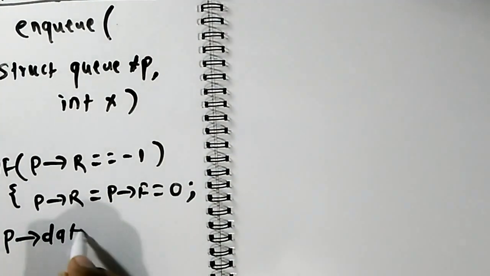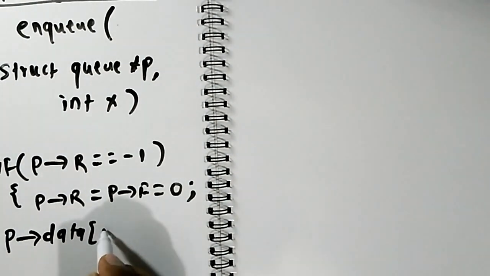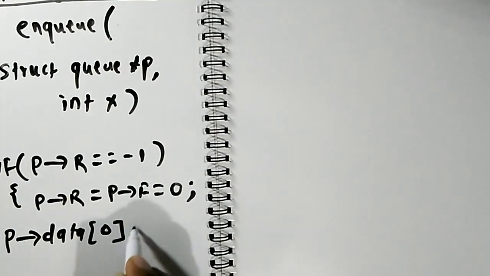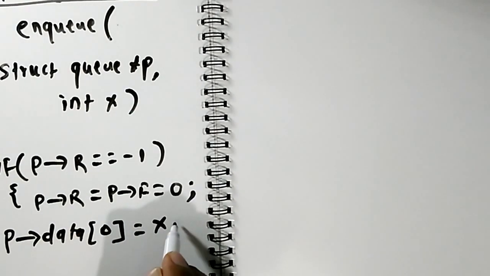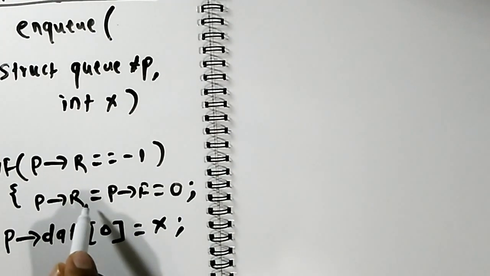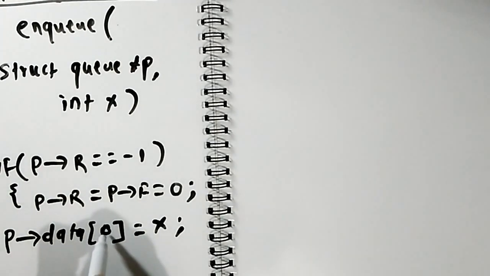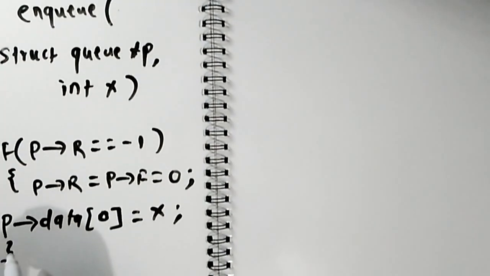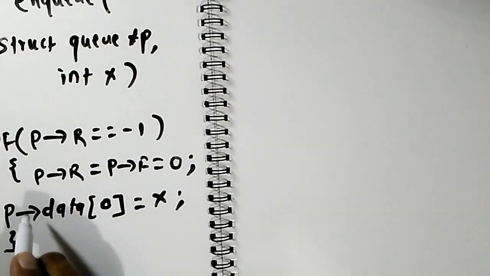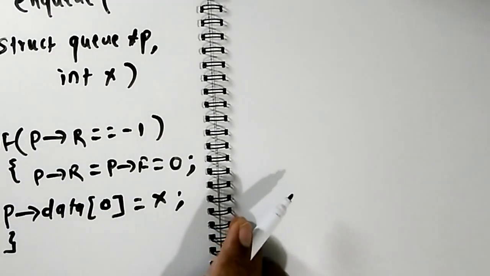I need to access it by using this pointer. So P arrow data. Inside the data array, I will insert on the 0th location the value x, because P arrow R and P arrow F are 0. So the value should be inserted on the 0th location. And that is true when we are doing the first insertion.